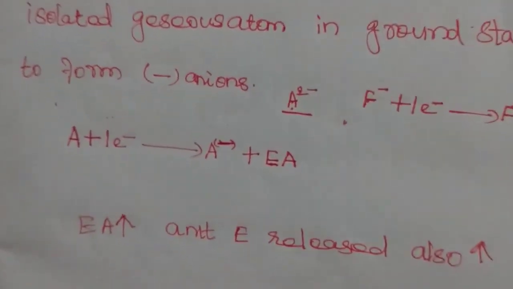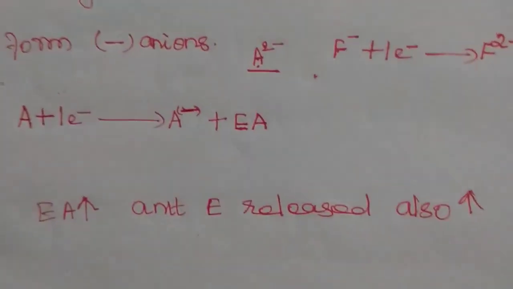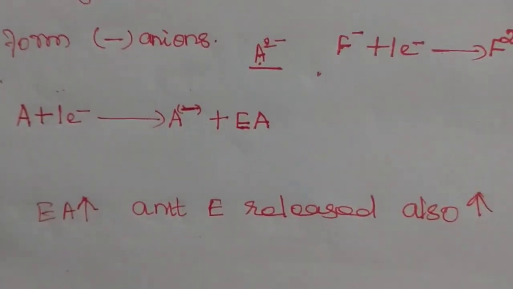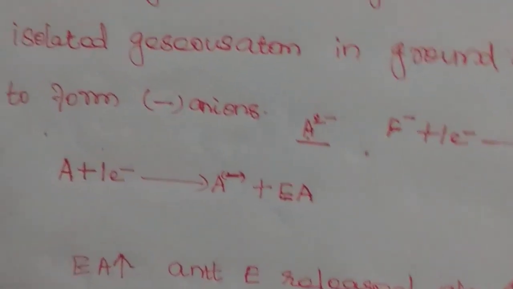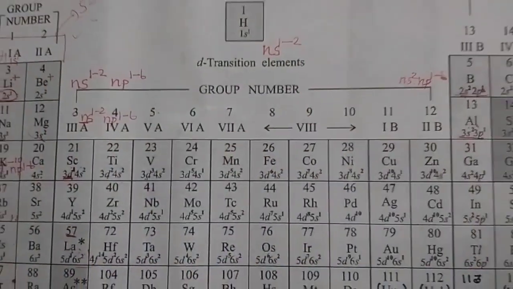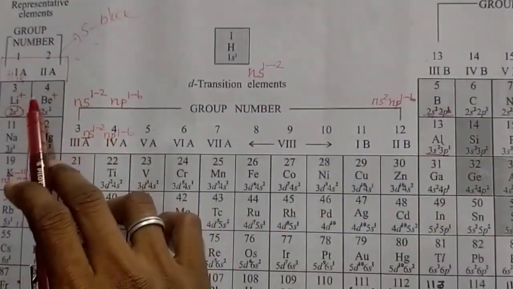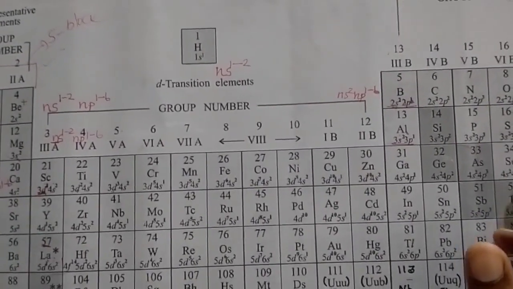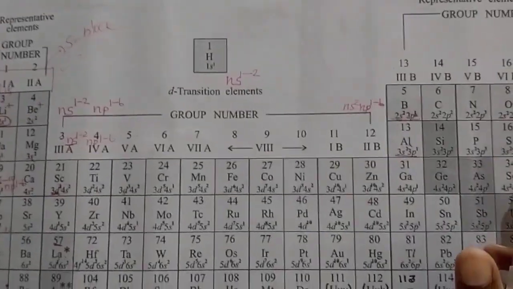That means the released energy is increasing as we move from left to right across the period.